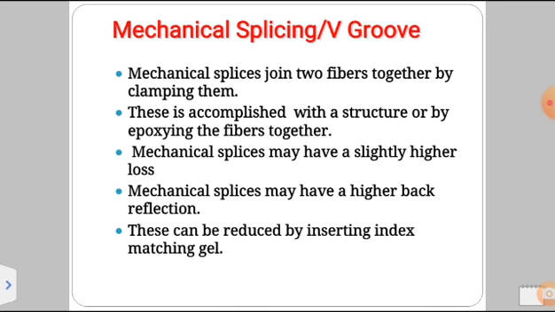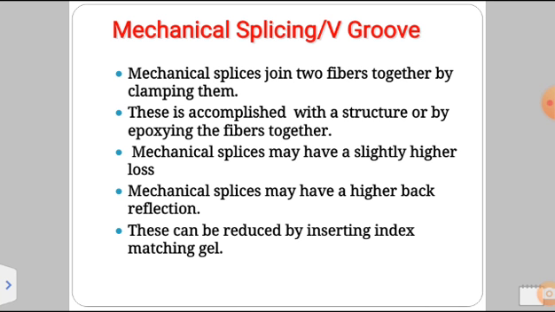Thereafter they will take it, and it's temporary; they use it between buildings and in laboratories. This can be reduced by inserting index matching gel, a transparent material. It is purely transparent and ultra pure, and it is inserted like a gumming type material, and both fibers are gummed together, and this can be dismantled also.